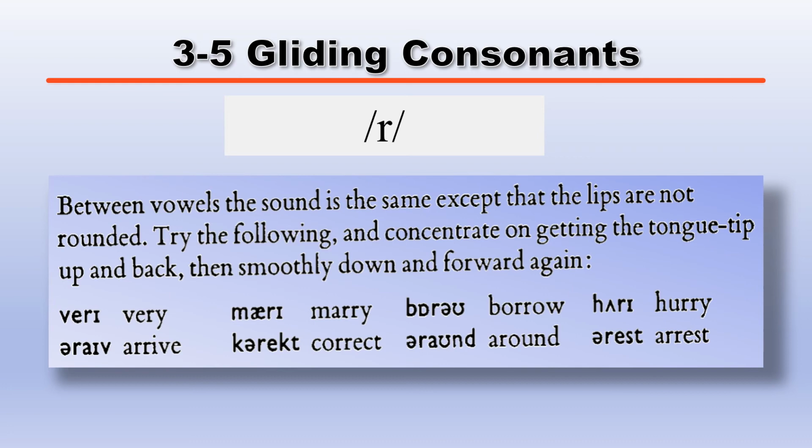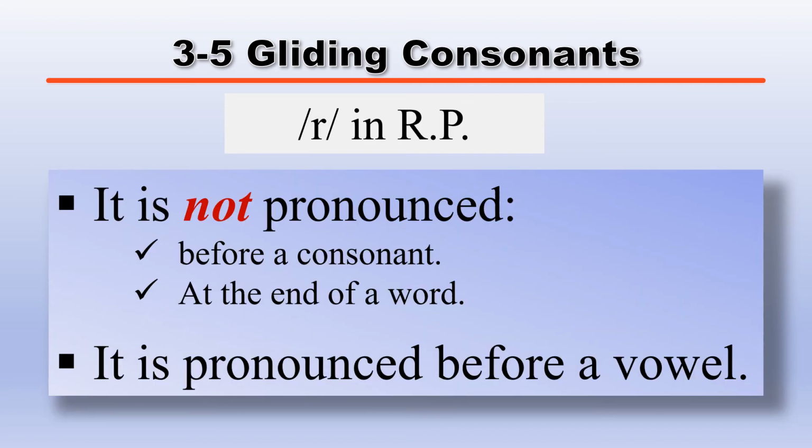And then in the next phase, الطور القادم, we then smoothly move it down and forward again. There, and then we say very, merry. So in this case, the lips are not rounded.